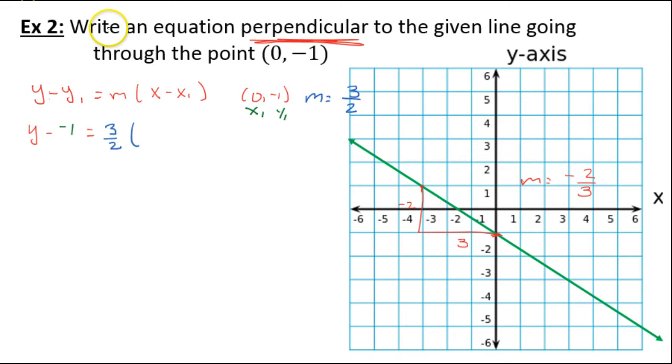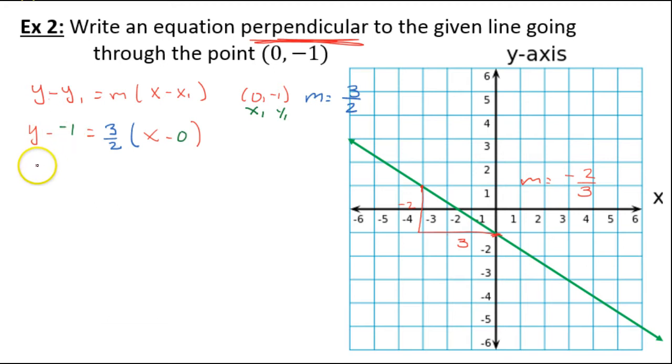X is going to be 0, so that works out. We actually have 1x minus x sub 1 is 0. There you go. And then I'm going to simplify.